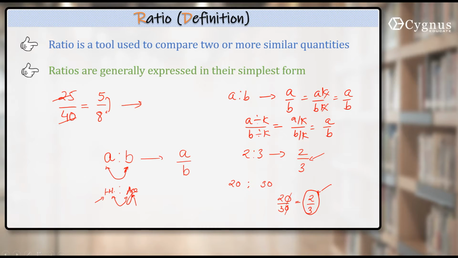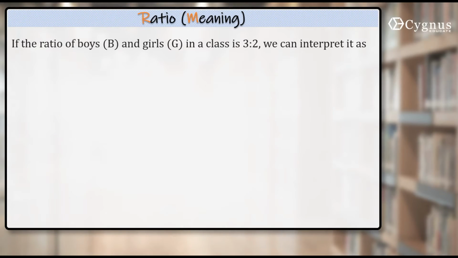Fine. Let's try to understand a statement here. If the ratio of the boys and girls in a class is 3 to 2, what can we interpret from this statement? Now, if the boys and girls are in the ratio of 3 to 2, it does not mean that boys are 3 and girls are 2. It has three meanings. The first one is if boys and girls are in the ratio of 3 to 2, how do we write it?